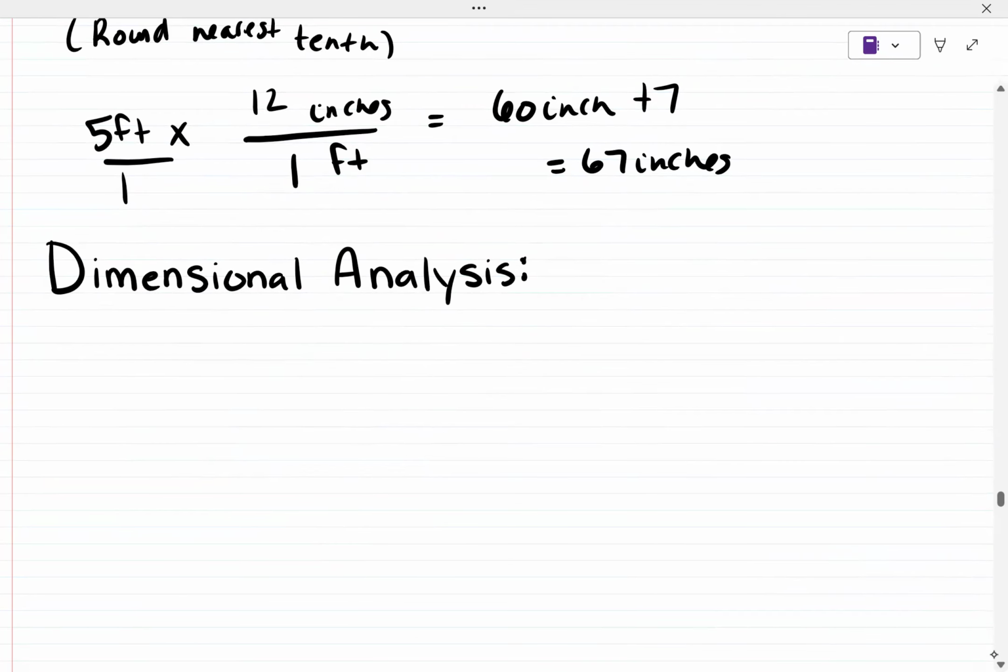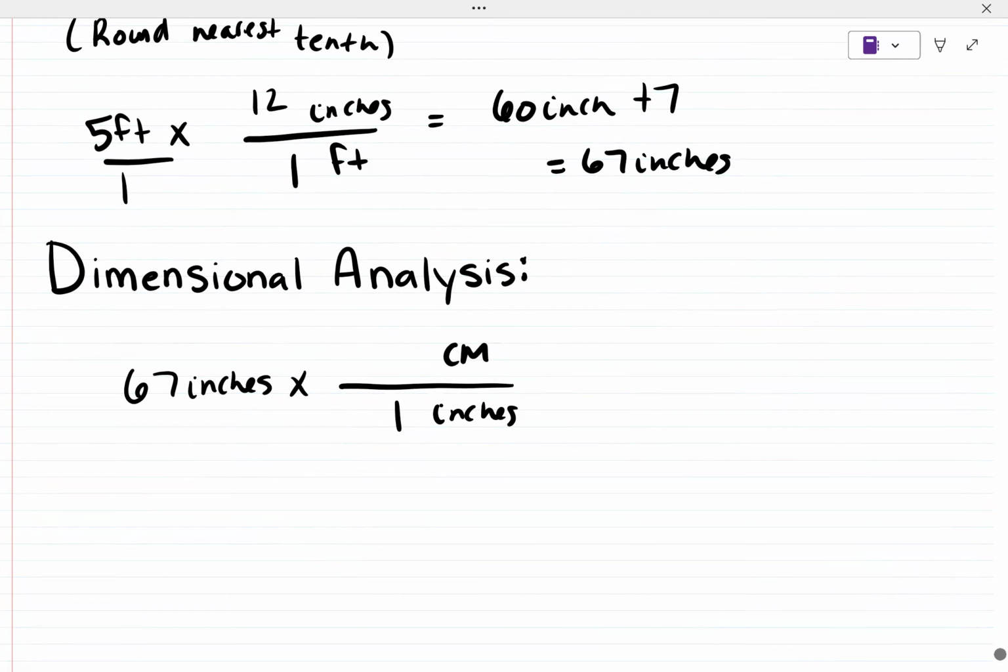Okay, now let's do the dimensional analysis. So 67 inches times fraction, inches on the bottom and centimeters on the top. We know that for 1 inch, there's 2.54 centimeters based on the chart. Invisible 1 under the 67. Inches disappear, and then with fractions you multiply across.